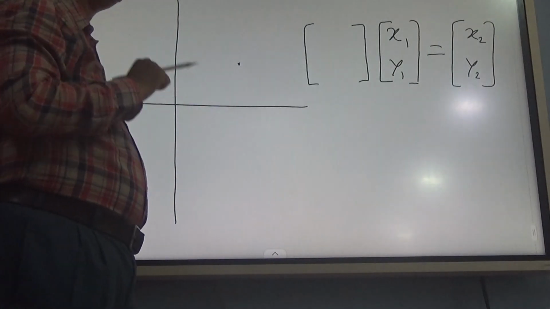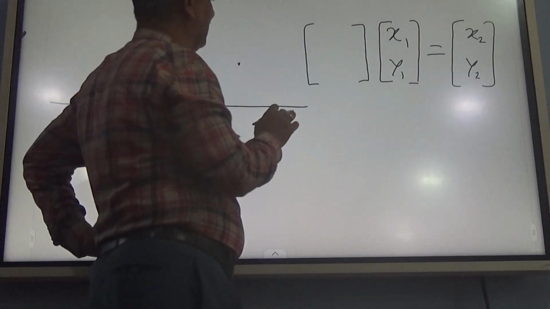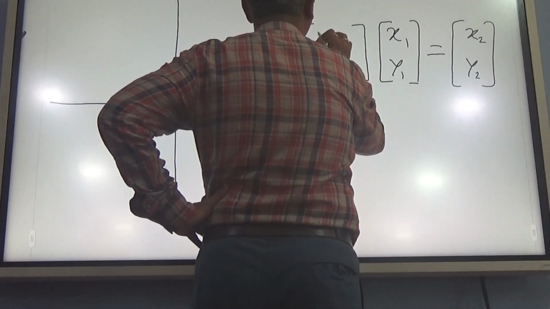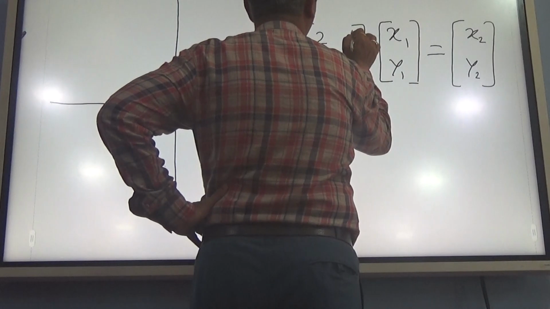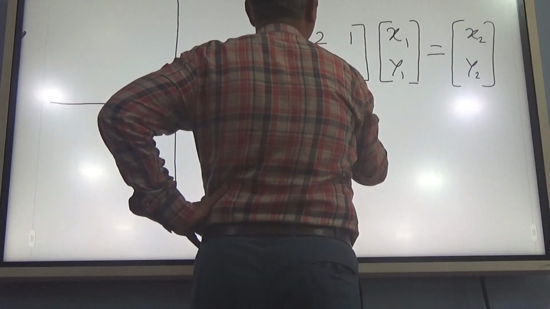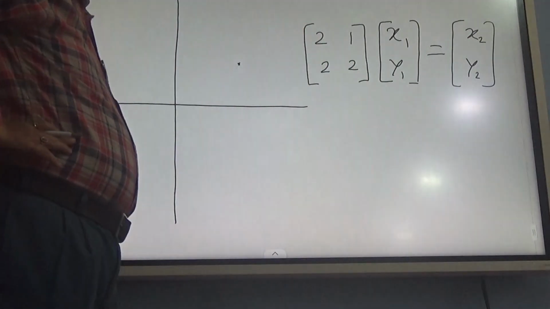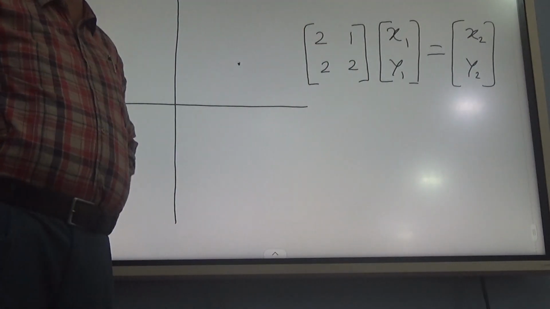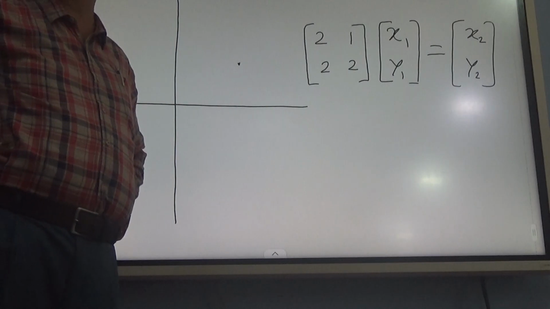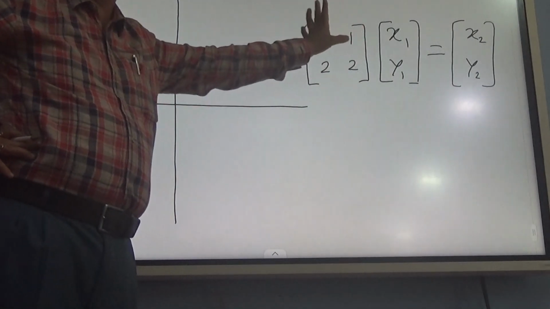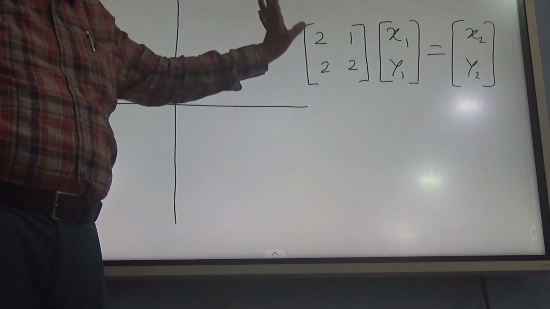Now we take it as 2 1 2 2. Is it an invertible matrix? Yes, because 2 into 2 is 4, minus 2 into 1 is 2. That is, its determinant is 2.